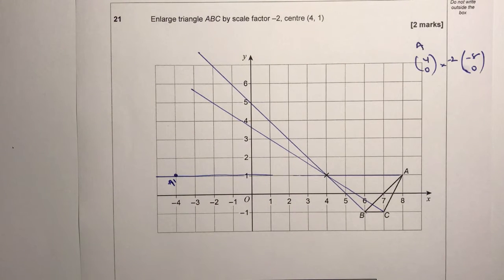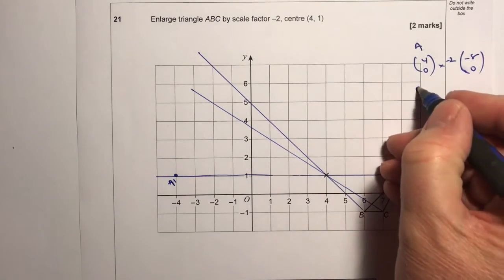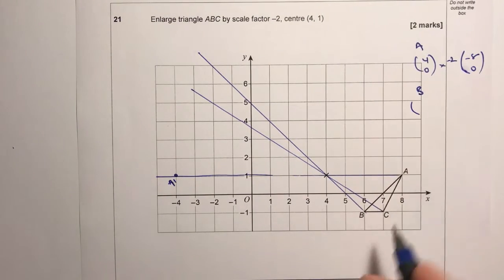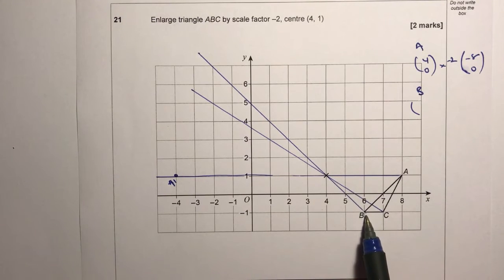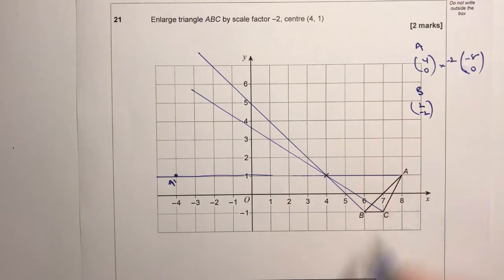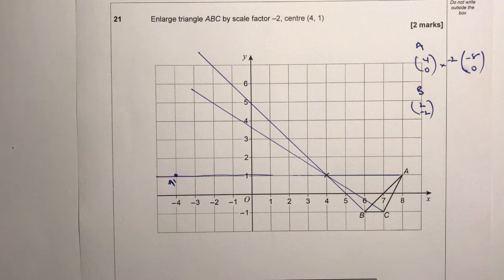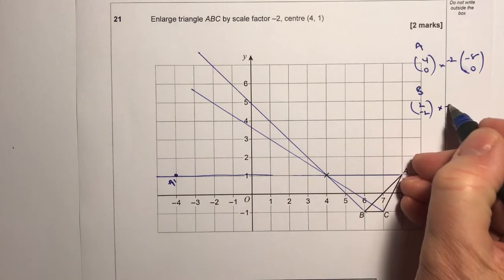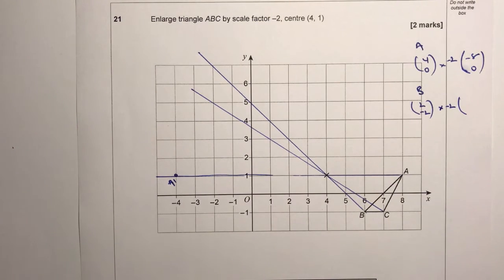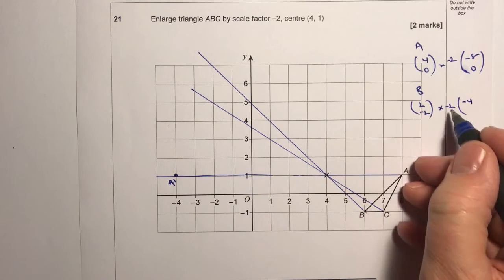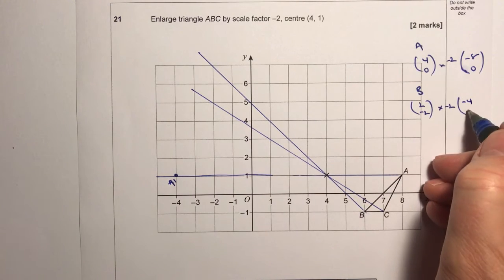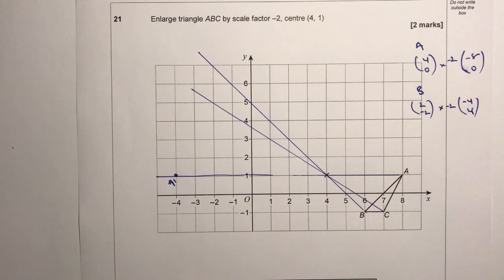Okay, so let's have a look at B. If I want to get to B, I'm going to go along 2 and down 2. So if I write that as a vector, it's going to be 2, -2. Again, I'm going to multiply that by -2 to get my new vector. 2 times -2 is -4, and -2 times -2, remember a minus times a minus is a positive, so that's going to be 4.